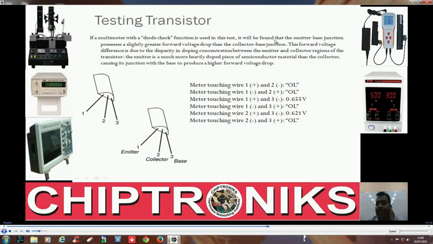It is found that the emitter-base junction has a slightly greater forward voltage drop than the collector-base junction.